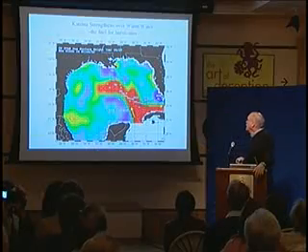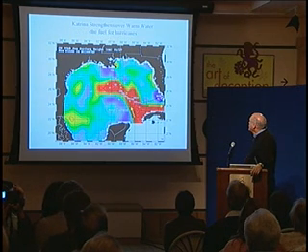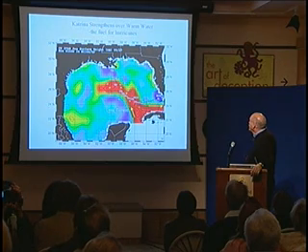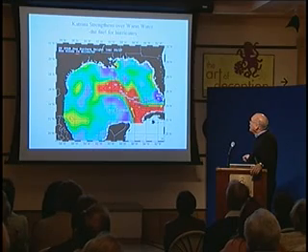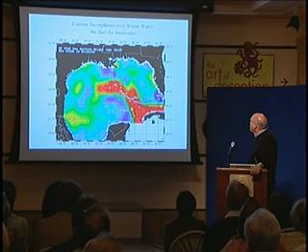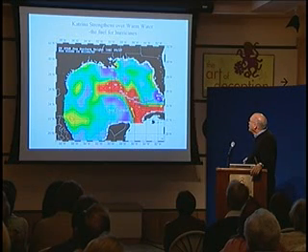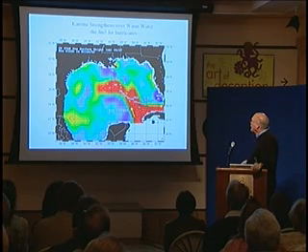The ocean is the source of this heat, and this is a track showing Katrina as it approached the Gulf Coast. This is the 26th of August, 28th of August, 29th of August, and also shown are the maximum winds in miles per hour, going from 75 miles per hour, 98, reaching a maximum of around 173 miles per hour as it moved through the Gulf of Mexico.